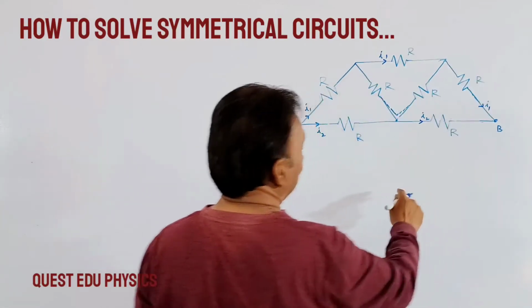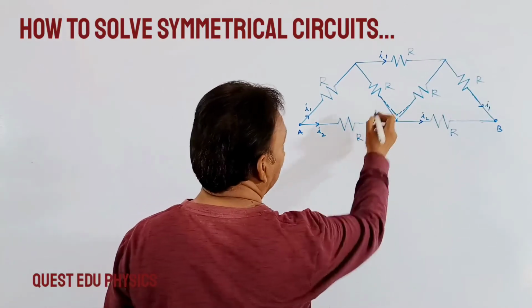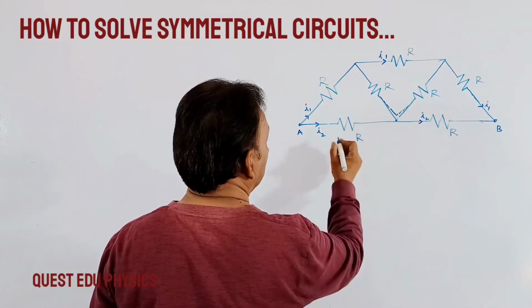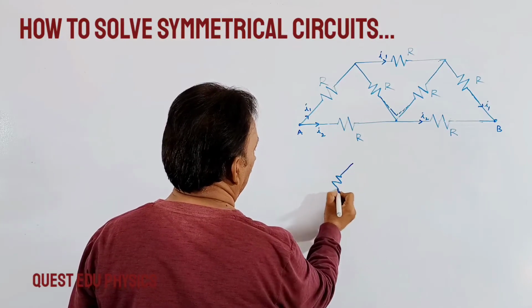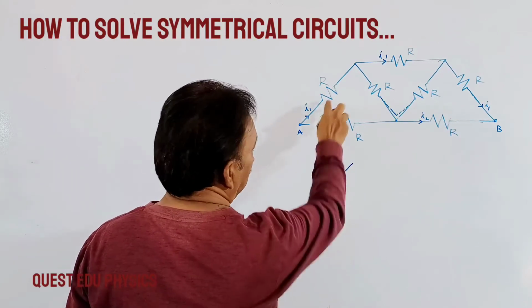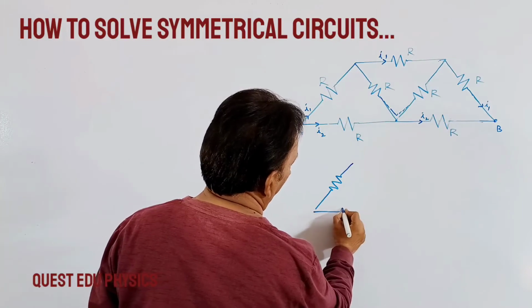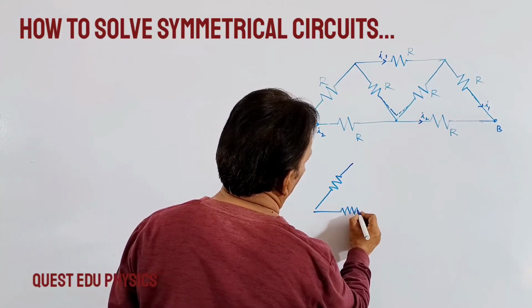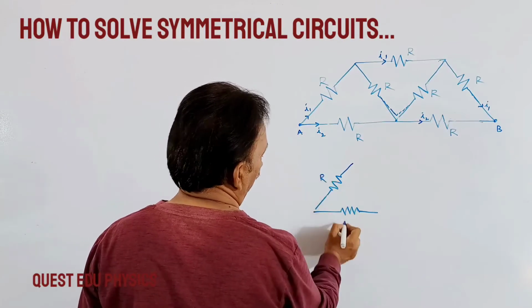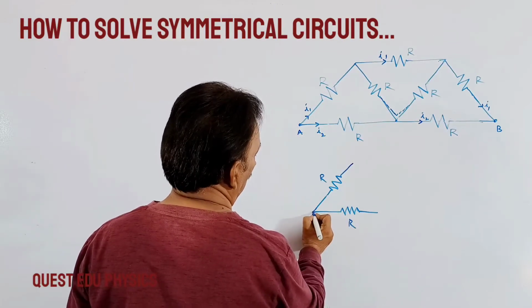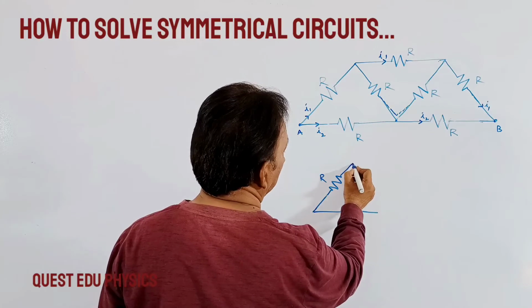Now if you take this one, you will get the circuit like this. Say students, I am redrawing the same resistor, where we have the resistance of R. We will draw this thing like this.